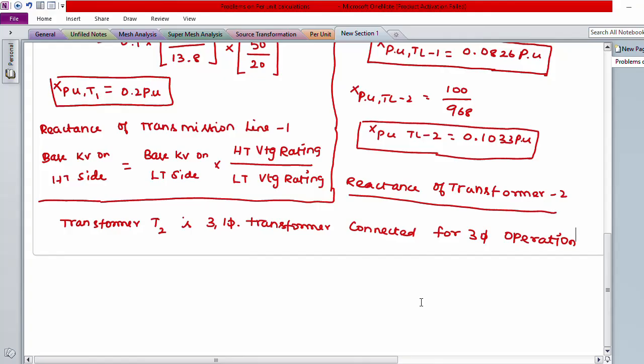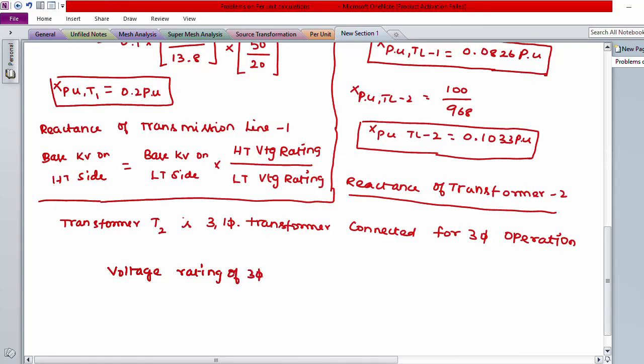In star connection the line voltage will be different from the phase voltage. In delta connection the voltage will be the same. So we have to calculate the voltage rating. So the voltage rating of the 3 phase transformer is equal to root 3 into 127.